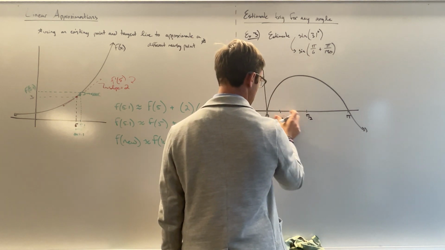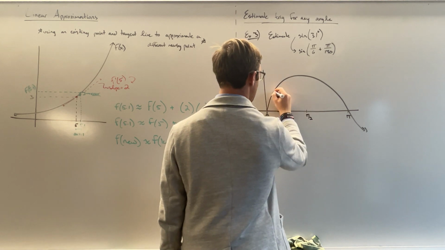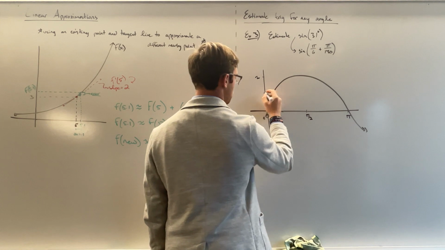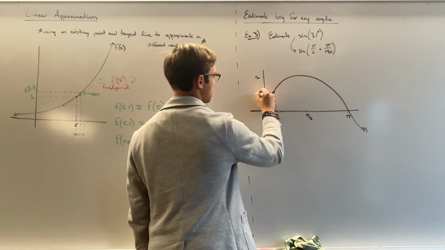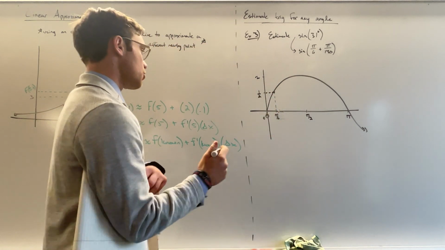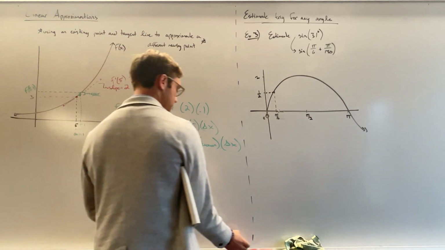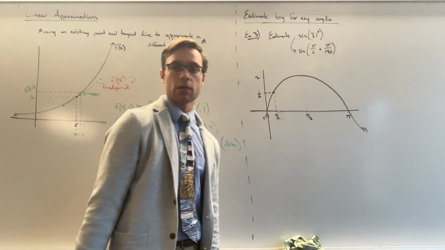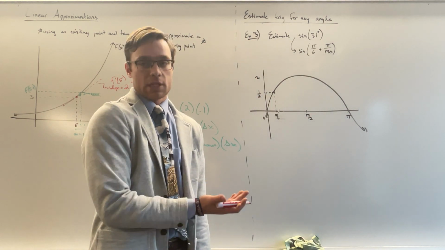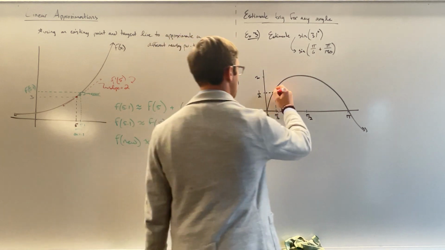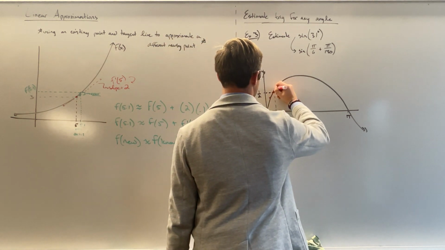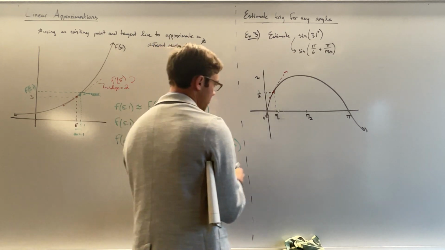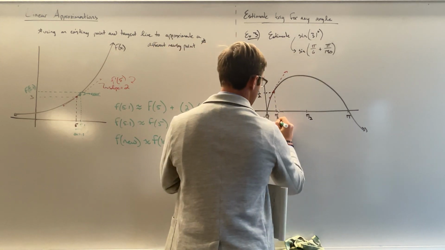Pi over 6 is here, and that value is 1/2. So sine of pi over 6 is 1/2. And so what we're trying to say is, let's use this. So here's what we know. What's known that's next to pi over 6 plus pi over 180? Well, pi over 6 is close to pi over 6 plus pi over 180. So we would use the tangent line here as an approximation, given our delta x is this pi over 180, right? Tiny delta x.